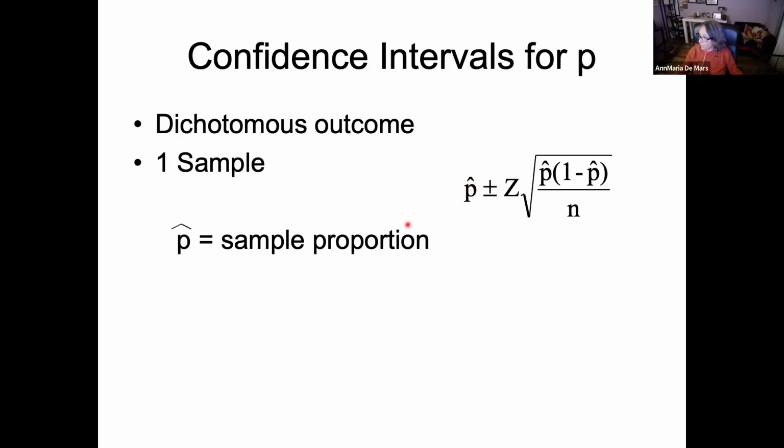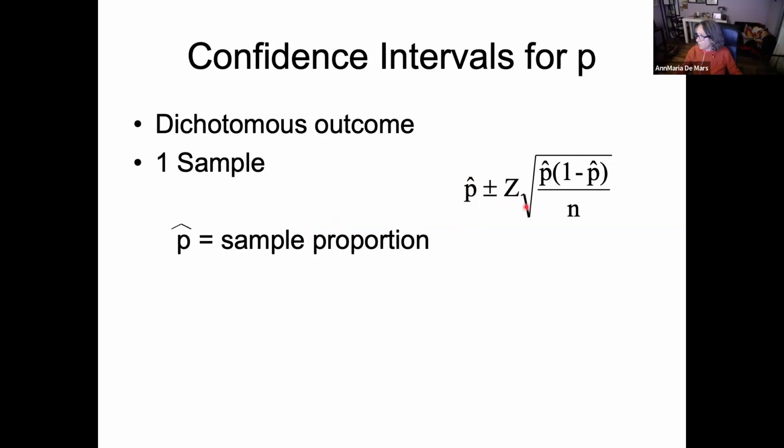So this p with a little hat over it that looks like an upside down V is the sample proportion. That is our estimate of the population proportion. And how we find the confidence interval is we take that sample proportion plus or minus z. We have z because we don't have any standard deviation here, right?